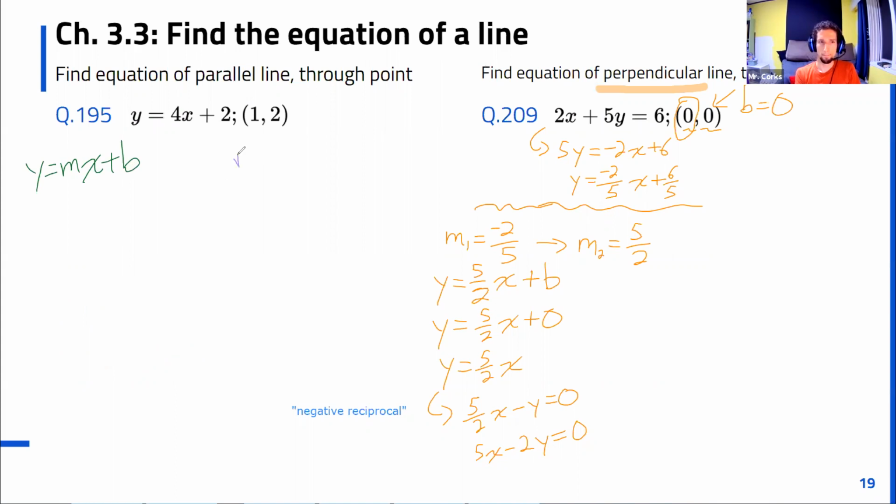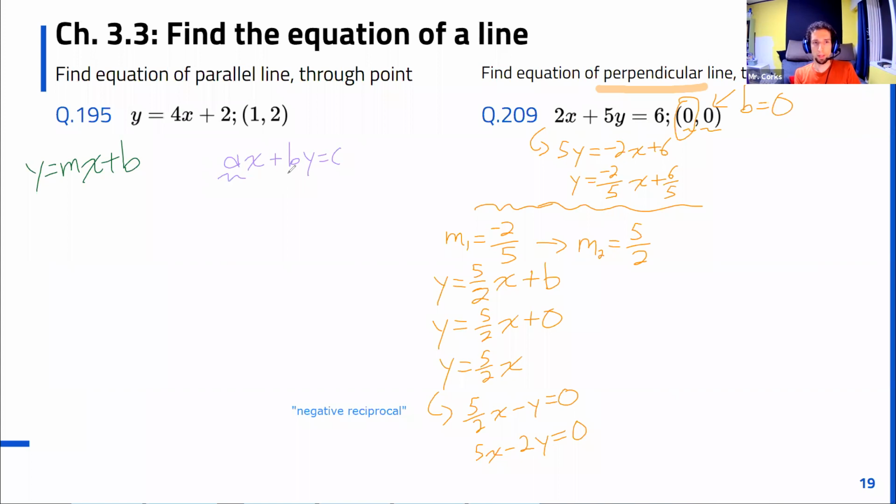Ax plus by equals c. If we don't know if the b is positive or negative, then we don't need to write negative, so we usually write it like this. If the b is negative, it will become negative when we put in actual numbers here.